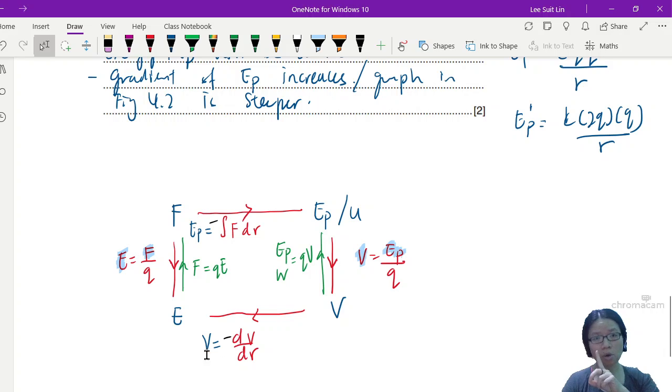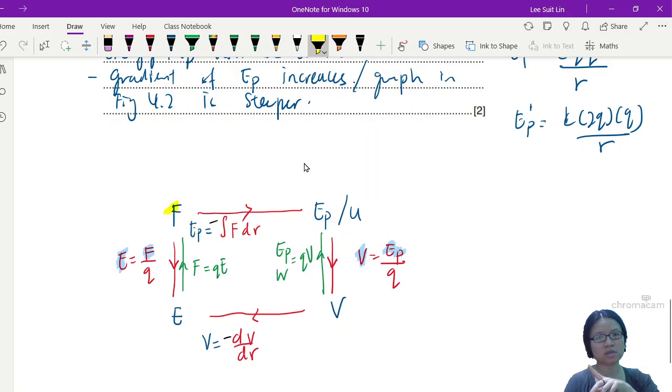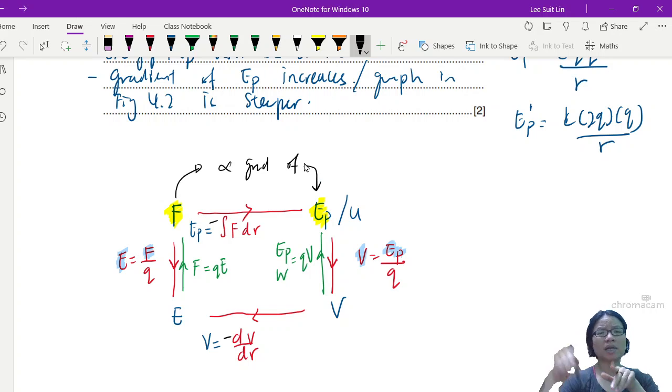Alright, but the connectors are important. For example, in this question, they ask you to show that this is proportional to the gradient of this. And they can choose anywhere they want inside this multi-arrow relationship.